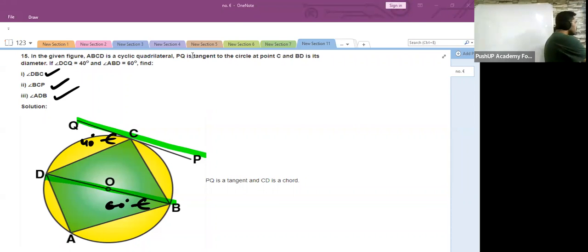Then in that case, how much will be angle DBC? Sorry, DBC. Anika, how much will be angle DBC? 40 degree. What is the reason behind it?